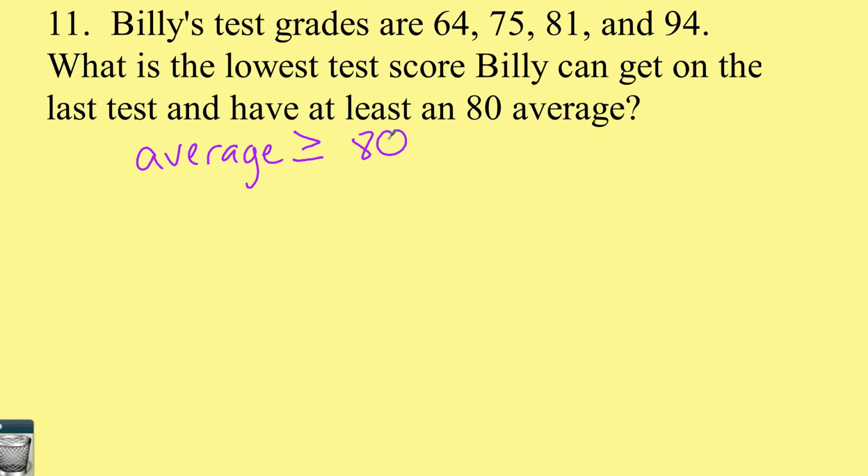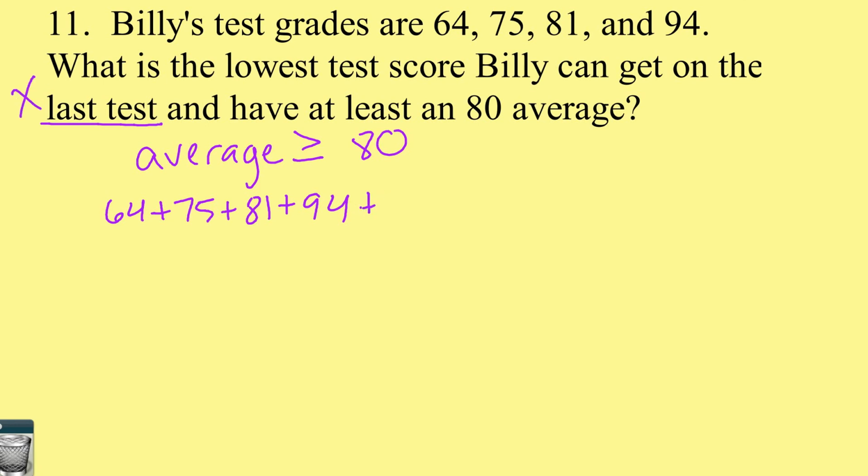Okay, so how do we get the average? Well, we add up all of Billy's test scores and divide by how many there are. But wait, isn't the whole idea to figure out what he can get on the last test? We'll call that x.